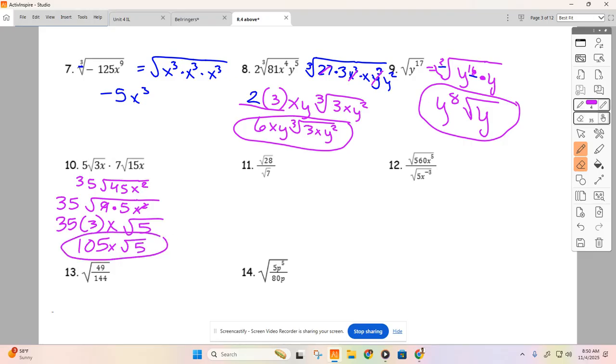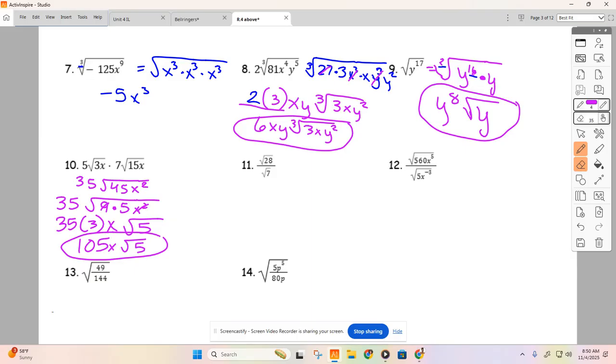You can't do the variables, but number-wise, you could check this by typing in, and I don't want y'all to write this, 5 square root of 3 times 7 square root of 15. Let's see what our decimal answer is.